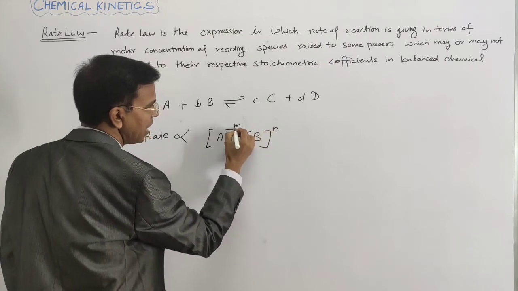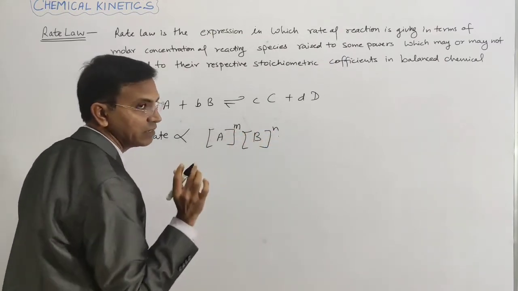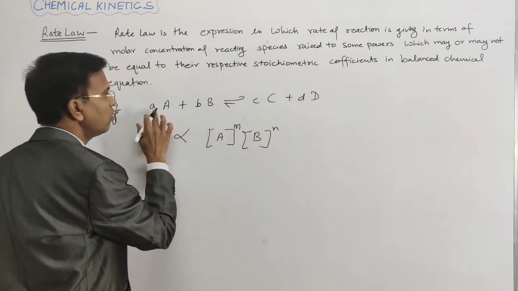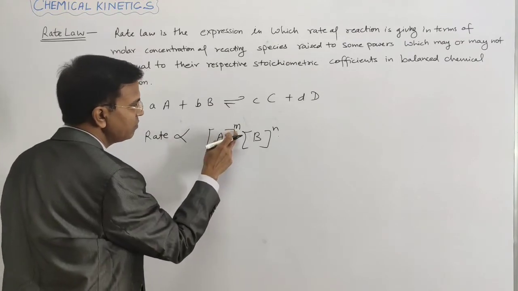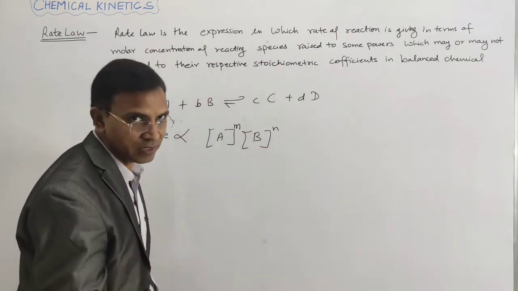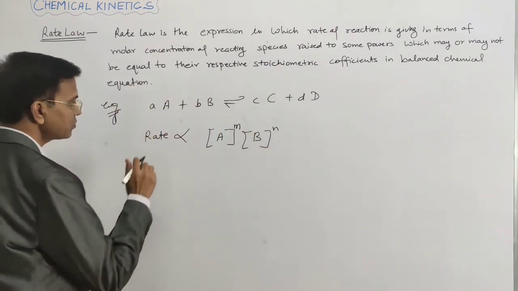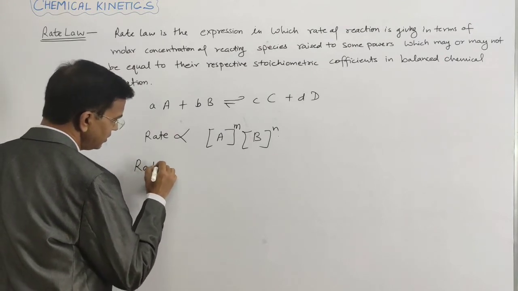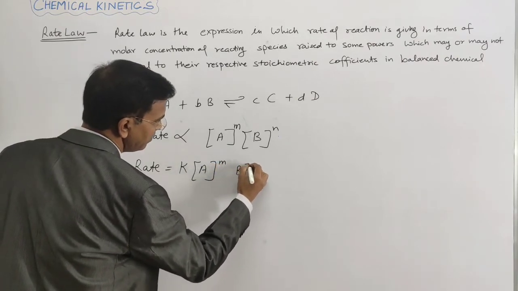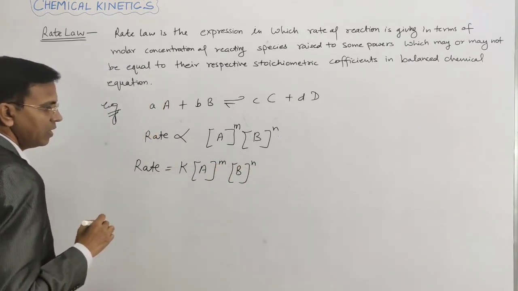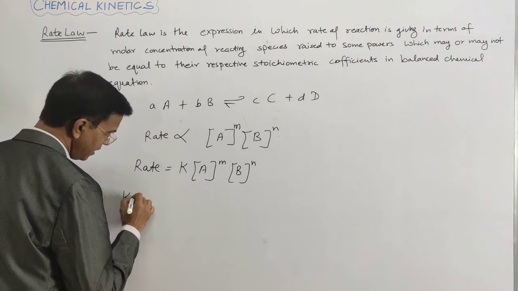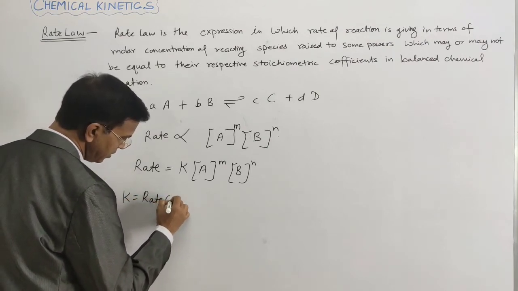I am indicating the powers with m and n, which may or may not be equal to their respective stoichiometric coefficients. Means this m may be equal to the coefficient of A or may not be, and n may be equal to that of B or not. So rate is equal to k, [A] to the power m, [B] to the power n. Now this k is called the rate constant.